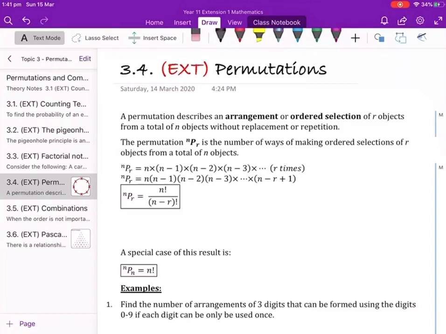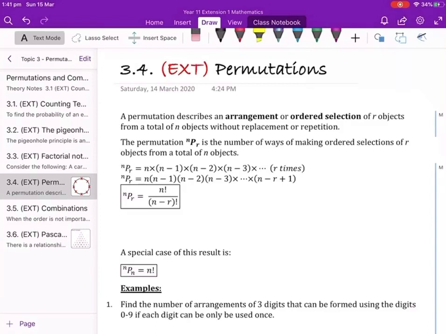A permutation describes an arrangement or ordered selection of r objects from a total of n objects without replacement or repetition. The permutation nPr is the number of ways of making ordered selections of r objects from a total of n objects, where nPr equals n times n minus 1 times n minus 2 times n minus 3 and so on until we have r terms.